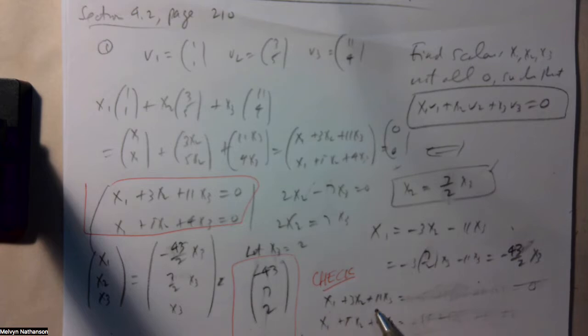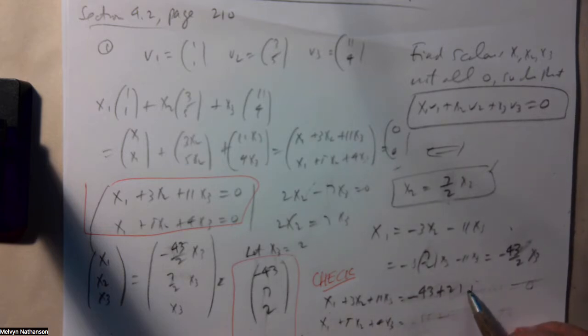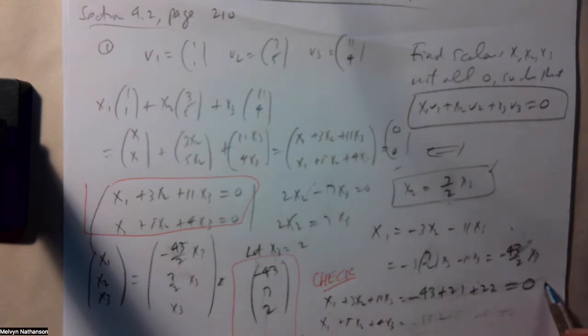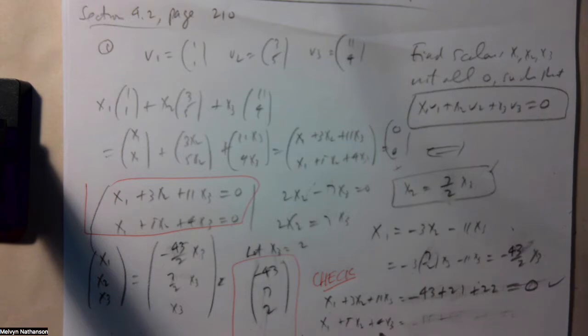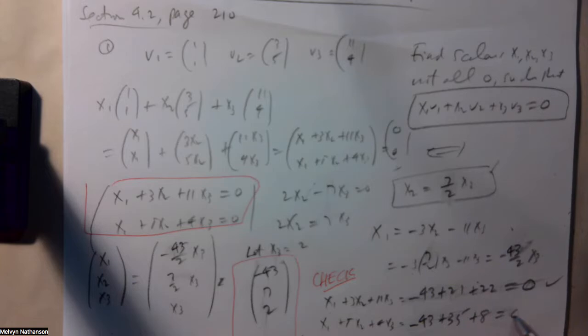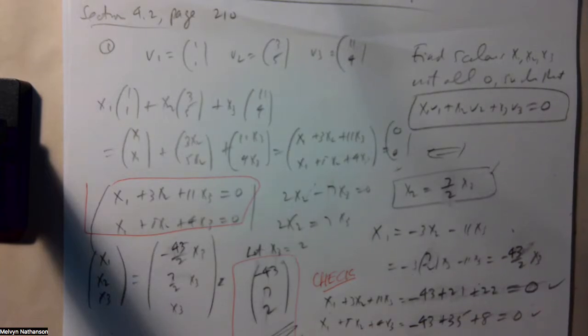x1 plus 3x2 plus 11x3, that's minus 43 plus 3 times 7, which is 21, plus 11 times 2, which is 22, that is 0, that checks. And x1 plus 5x2 plus 4x3 is minus 43 plus 5 times 7, which is 35, plus 4 times 2, which is 8, and that's 0, so that checks.